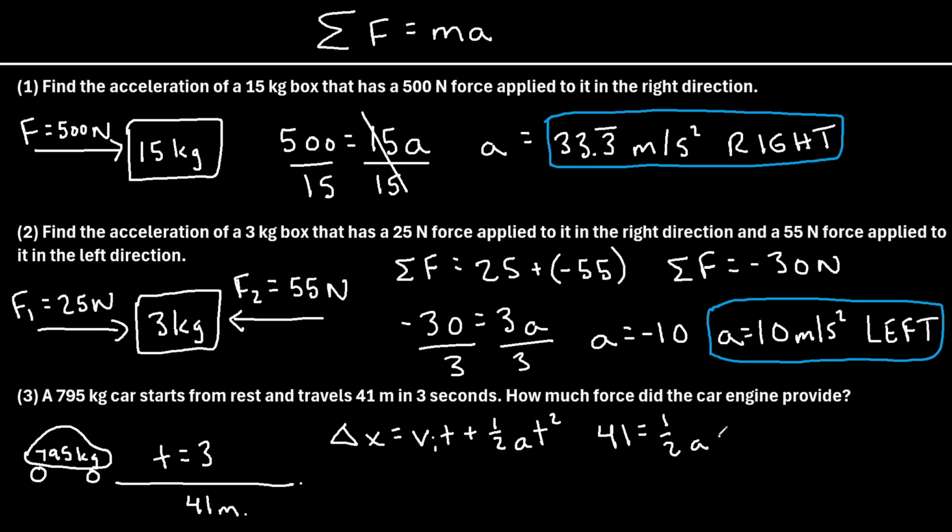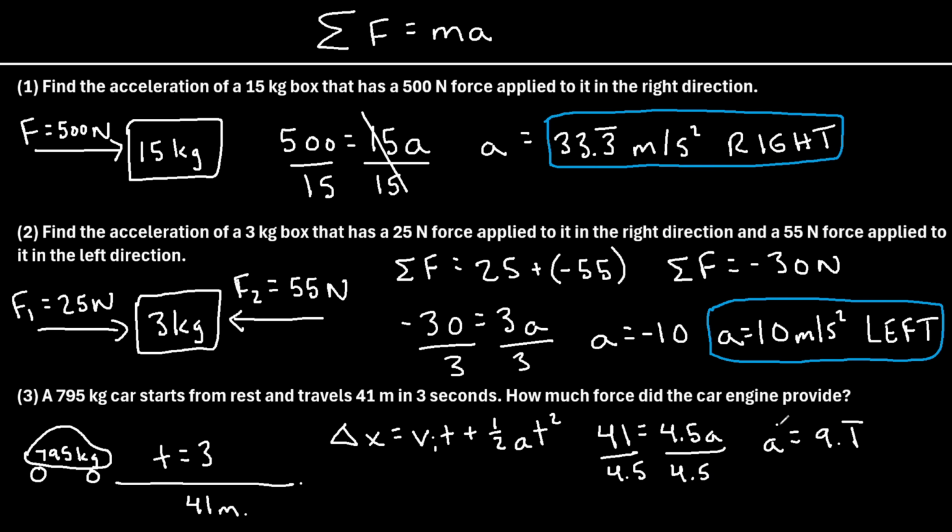So 3 squared is 9. So we'll say times 9. So 9 times 1/2, that's 4.5. So let's go ahead and just write 4.5 times a. So to solve for a, all we have to do is divide both sides by 4.5. And we find that a is equal to 41 divided by 4.5. Turns out to be 9.1 repeating.